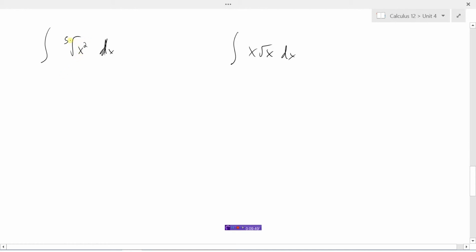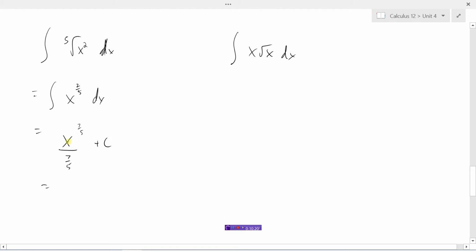So here we have the 5th root of x squared. But remember, we could always write this as an exponent. So x to the power of 2/5 with respect to x. And now I can use my shortcut method by adding 1 to the exponent. So 2/5 plus 5/5 would be 7/5. But then I have to divide by the exponent and do a plus c.